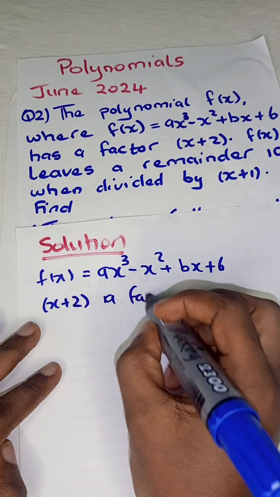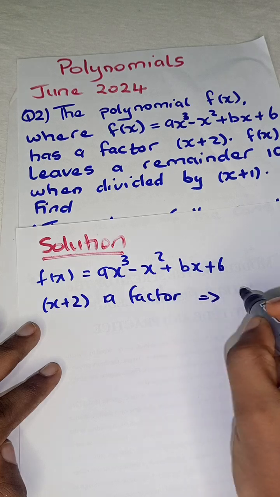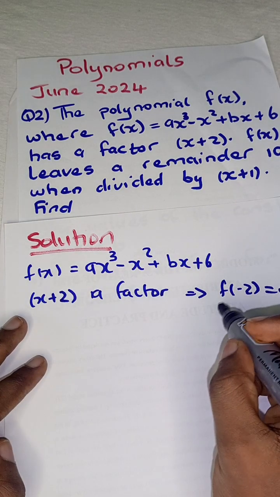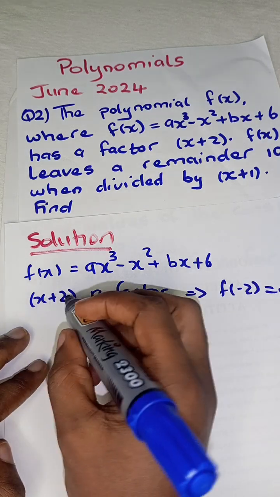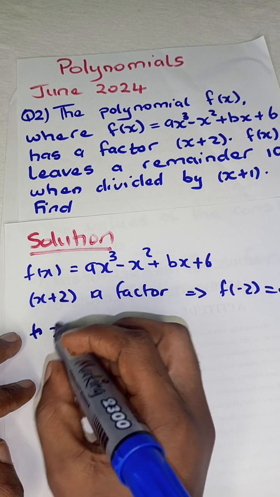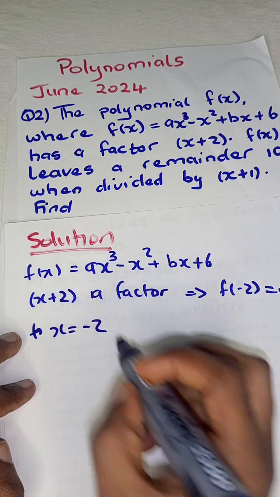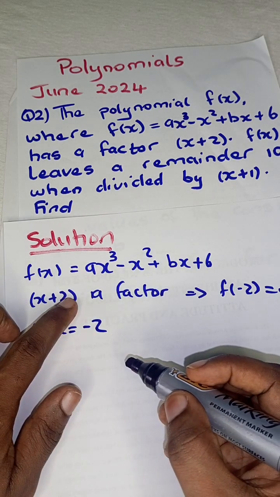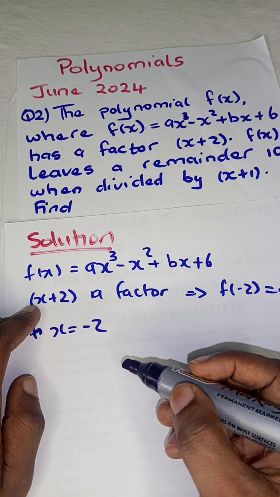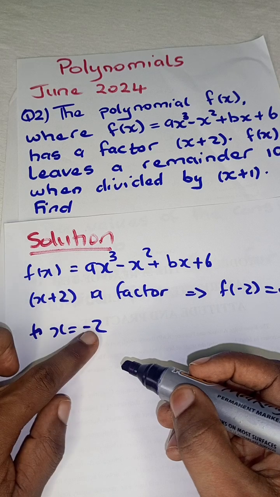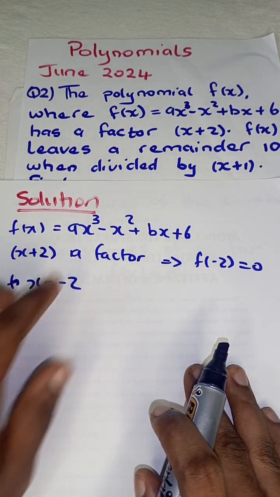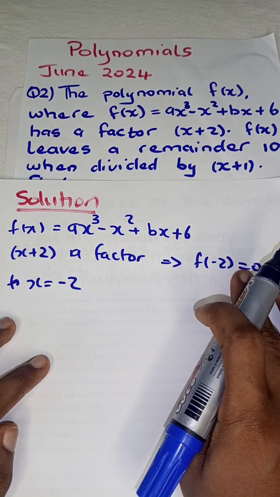A factor implies f of negative 2 is equal to 0. Where do we obtain negative 2? Of course, from this factor. If x plus 2 is a factor, it means x is equal to negative 2. Just equate this factor to 0 and get the value of x, and that is going to give us negative 2.